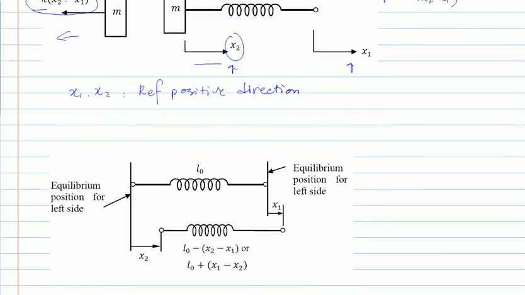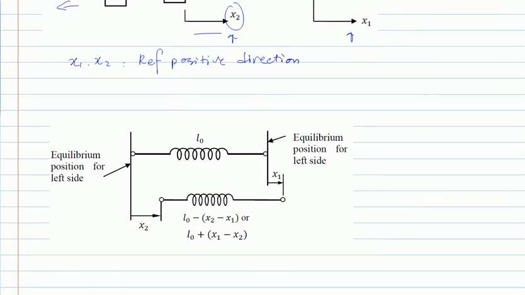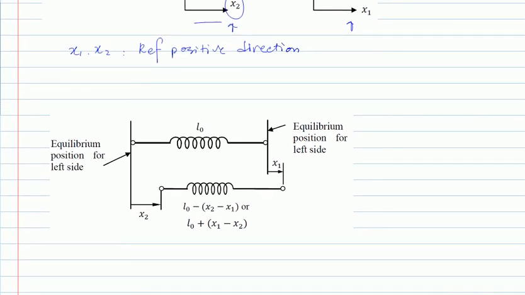Let's take a look at this one here. This diagram I didn't show in the class. Let's see, I have a spring here, and I define these two locations as the equilibrium position for the left and for the right side. Again, equilibrium position is the position when the spring is at rest.